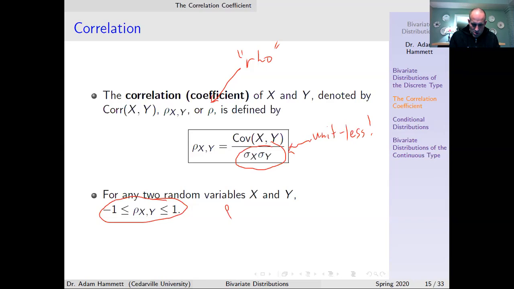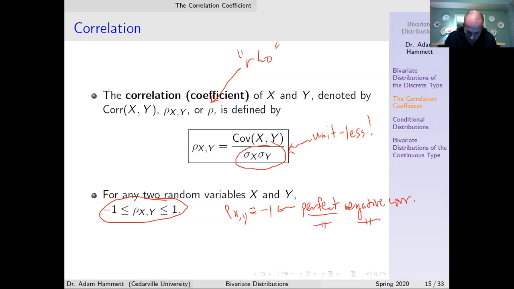So, if rho of x, y is equal to -1, this means perfect negative correlation. So that also means that it's going to be a perfect negative.